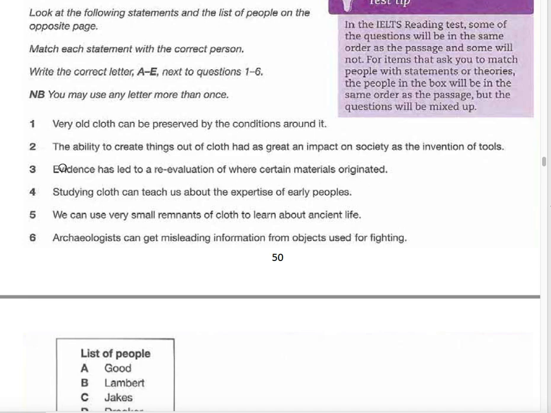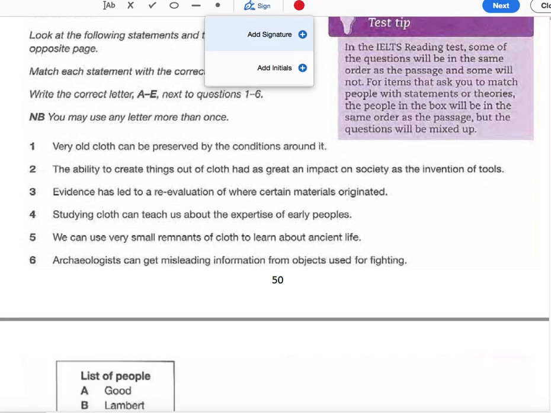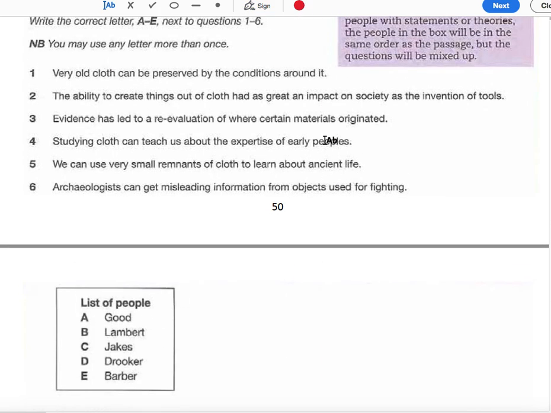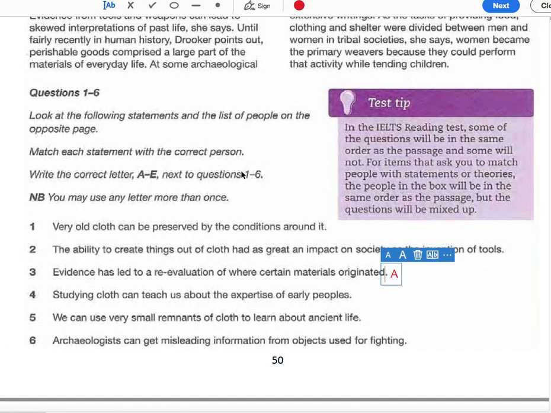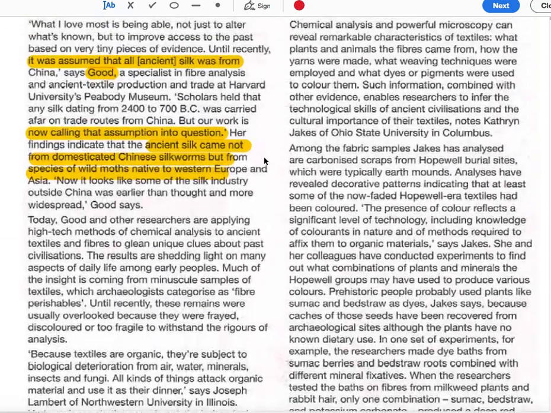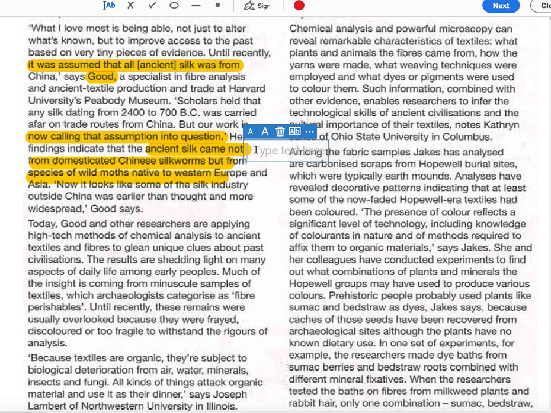So it didn't come from China, it came from Western Europe, is what it said here. So reevaluation. So that one there is A. Okay. And we can also put on over here. Number 3. Good.